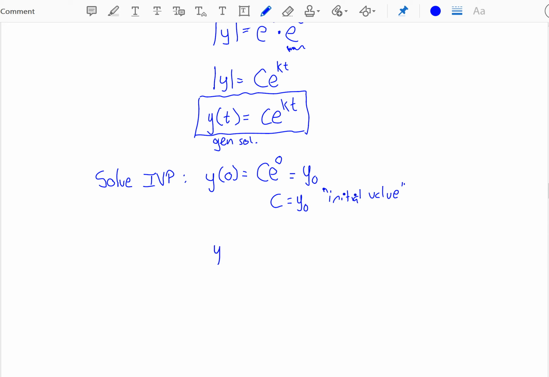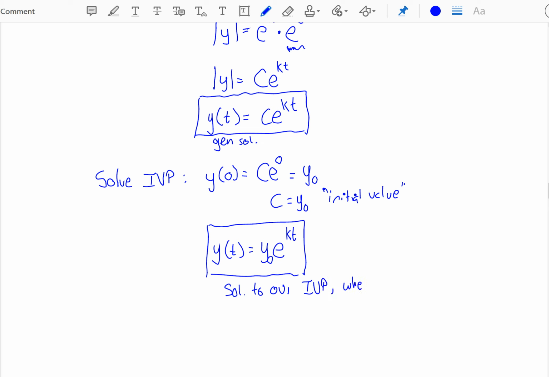And so we get y of t can be written as y naught e to the kt. This is the solution to our initial value problem, where y naught is always the initial value.